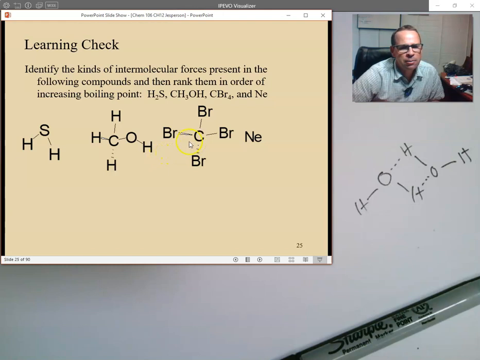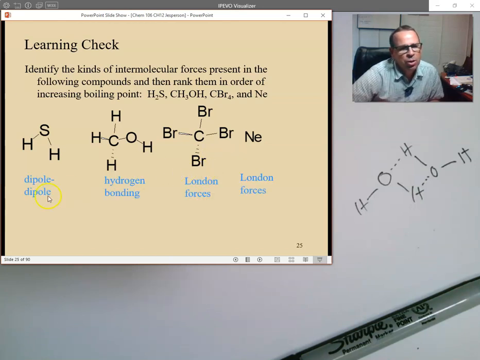Okay, Sarah, this CBr4. I believe it just has London forces. Okay, that's right. And then neon also just has London forces, Sarah. Which one of these would have greater strength of London forces, Sarah? Carbon tetrabromide or neon? Probably carbon tetrabromide, because it's bigger.